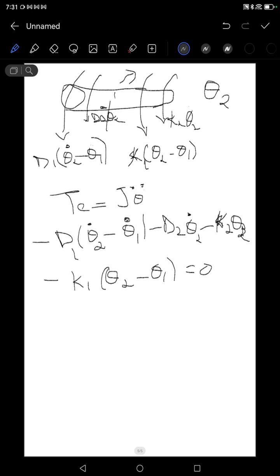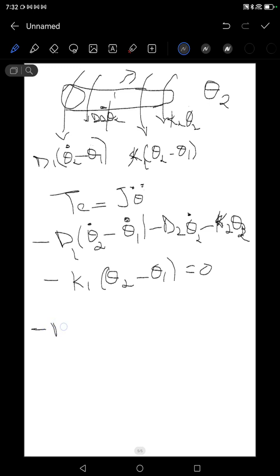So what we're going to do here is introduce Laplace on both sides, for both the damper and the spring.